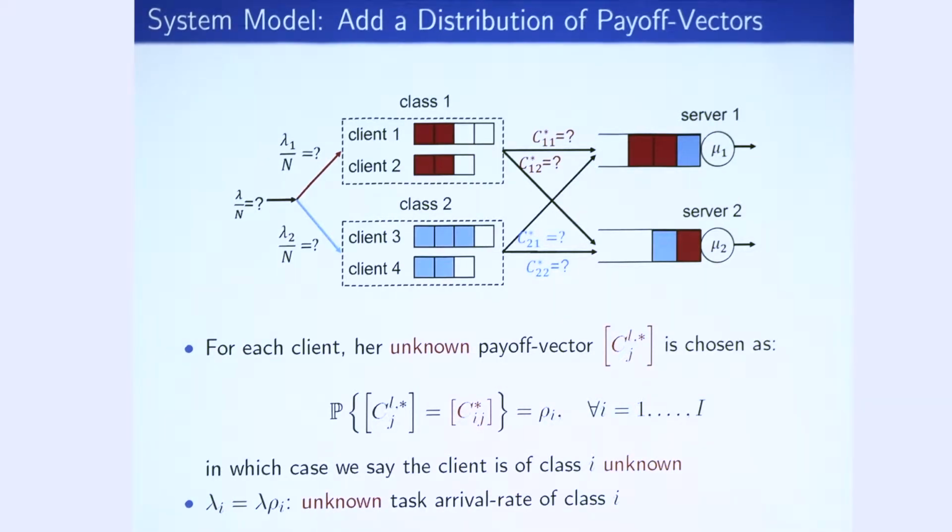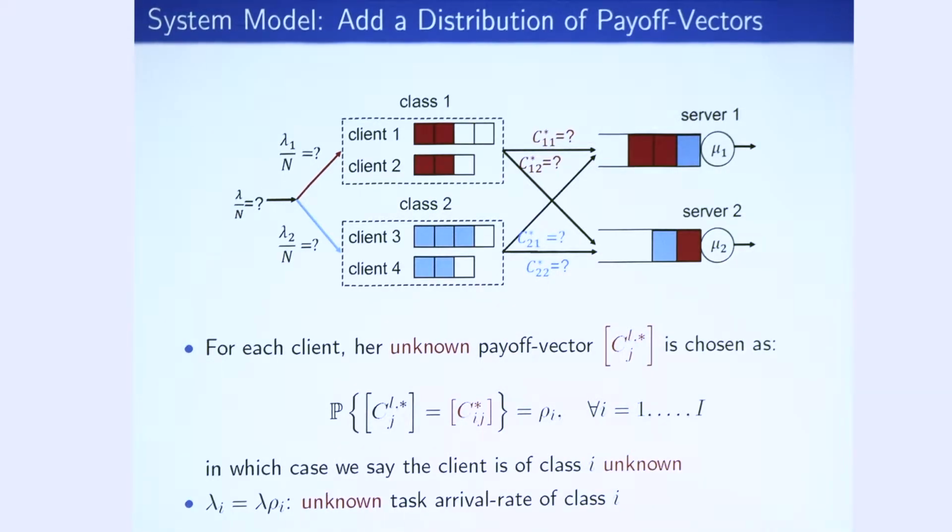Capital I denotes the number of possible different payoff vectors, and her unknown payoff vector equals one of the possibilities, the ith possibility equal to rho_i. In this case, we say the client is of class i. But note that the system does not observe the payoff vector. The system also does not know the underlying distribution.